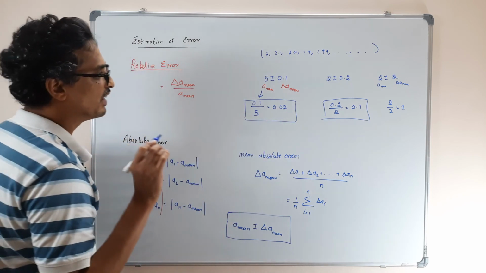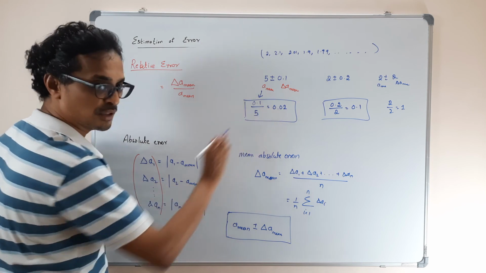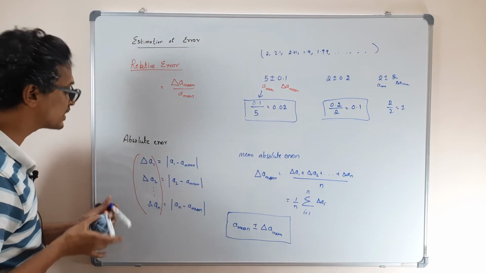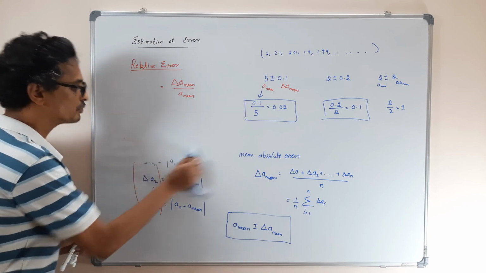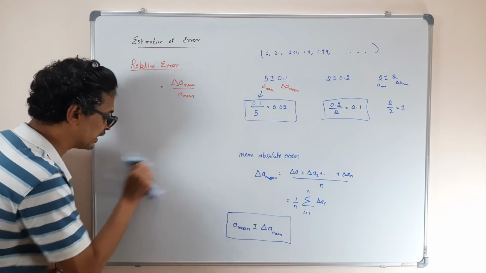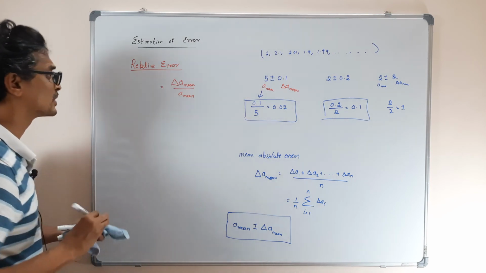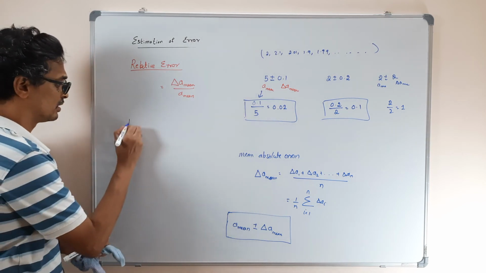As I said, these are very small numbers, so usually what they write is the percentage of the relative error, or simply percentage error. Either of them you can write.